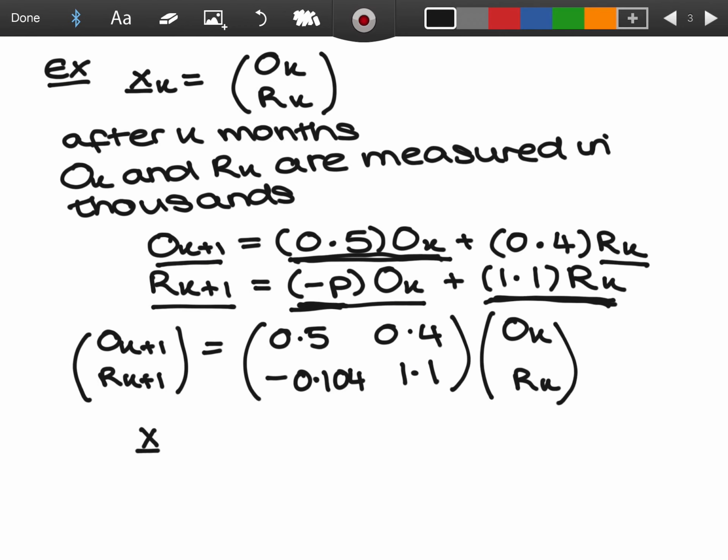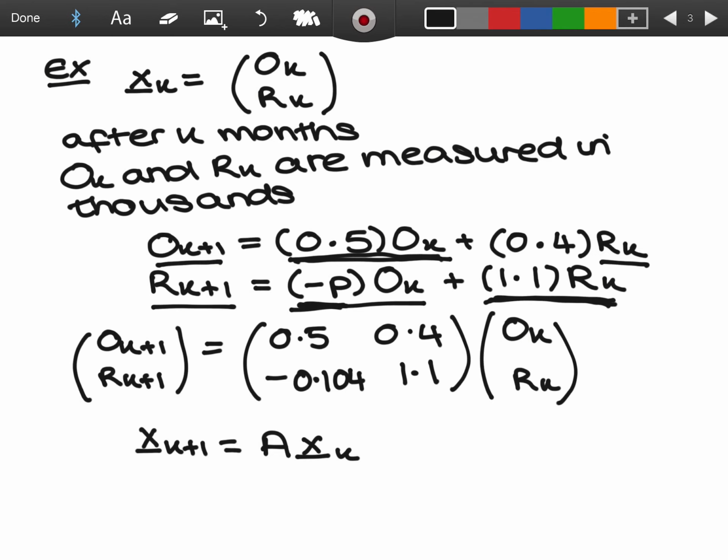So this is of the form xk plus 1, so the population at the next month is this matrix A multiplied by the population at the present month. So you take what the population is at the present month, you multiply it by A, and that's going to tell you what happens at the next month.